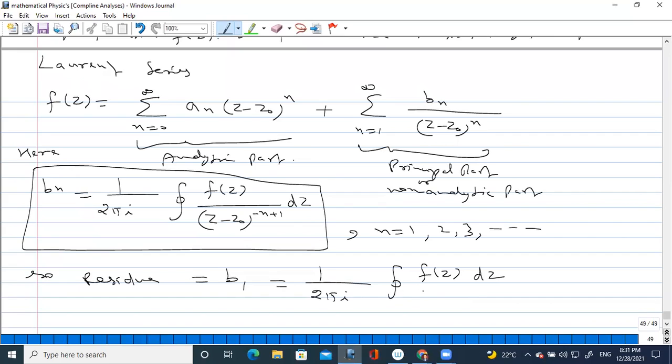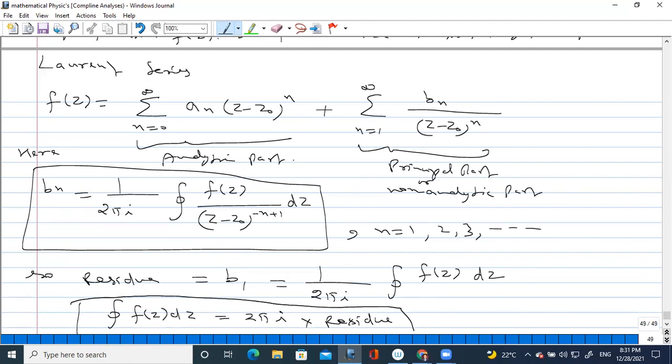Understood? So from here we get a clue that if you want to know the integral of any function, and that integral is very difficult to find by us, then it will be given by 2 pi i multiplied by residue. So this has become a new formula, and that is a very important formula.